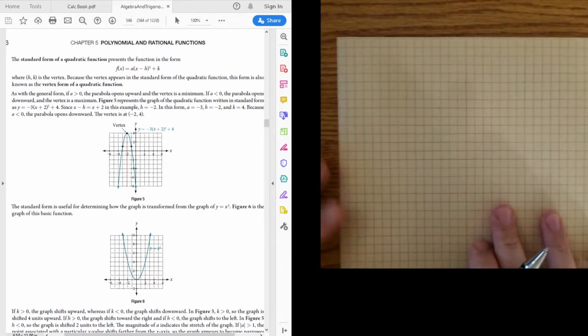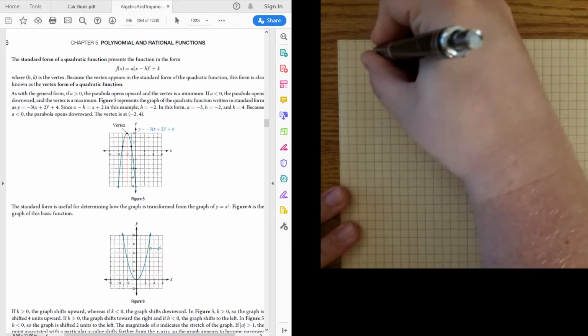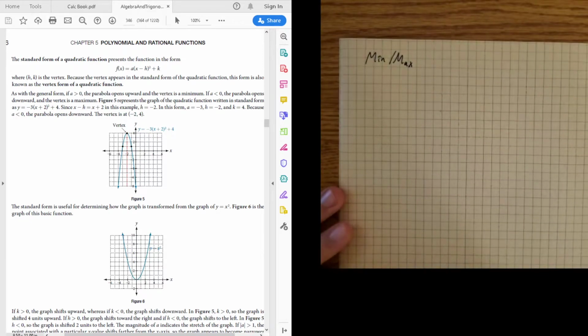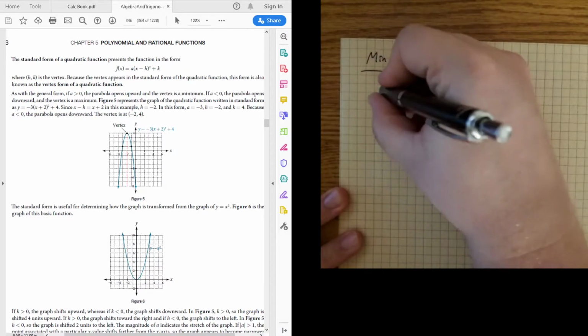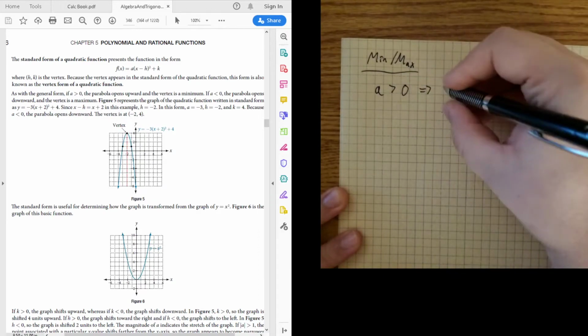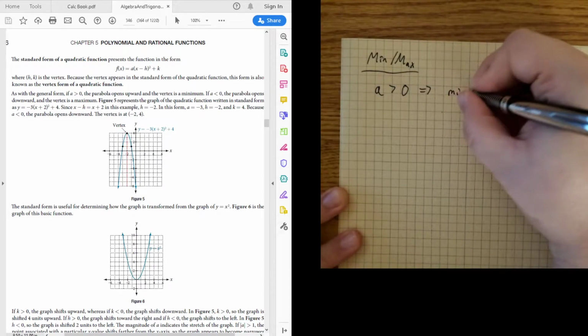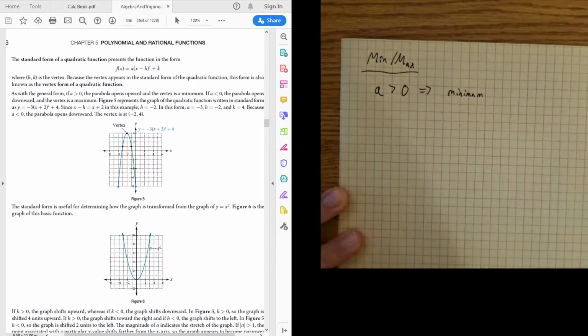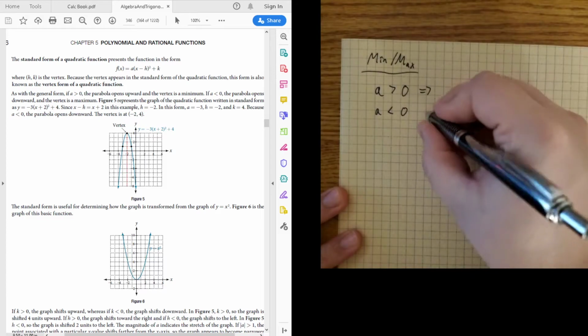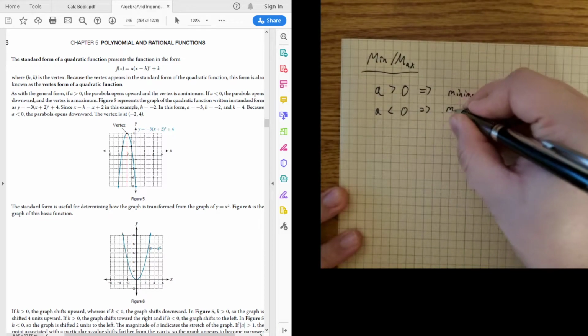Included with the conversation about min and max, you can predict the min or the max using some properties of the equation. If your a value is bigger than 0, you're going to have a minimum. If your a value is smaller than 0, you're going to have a maximum.